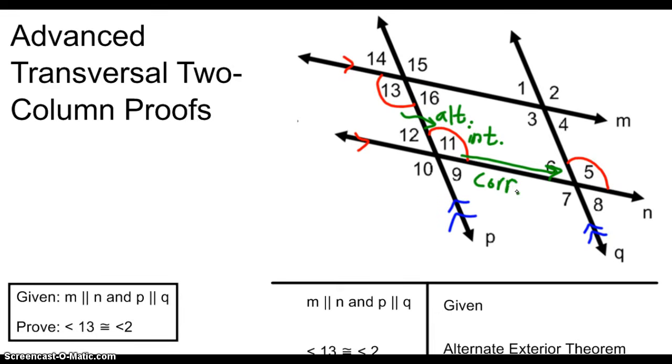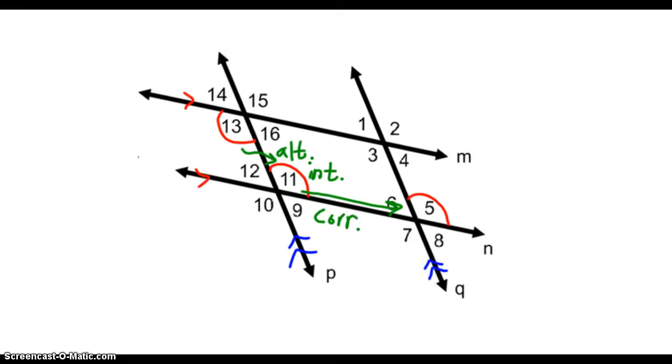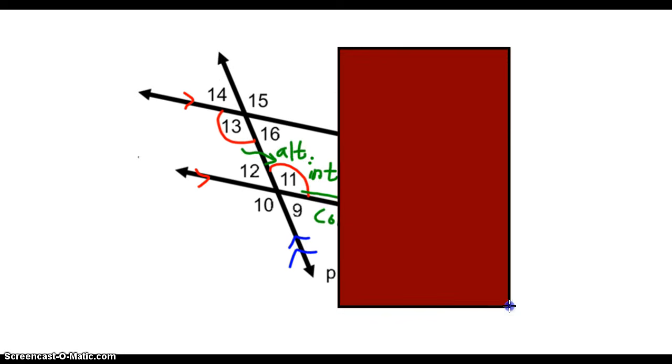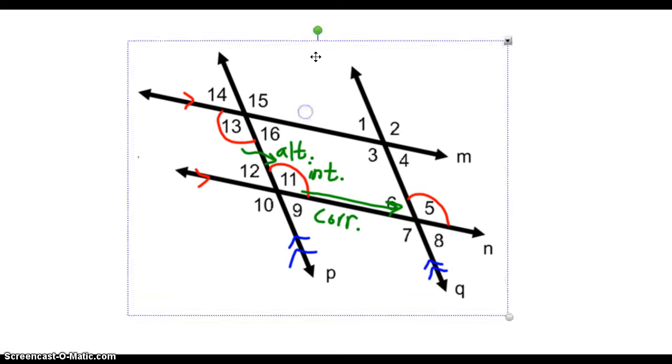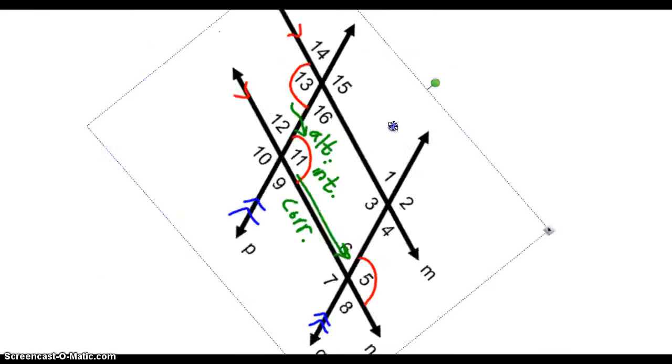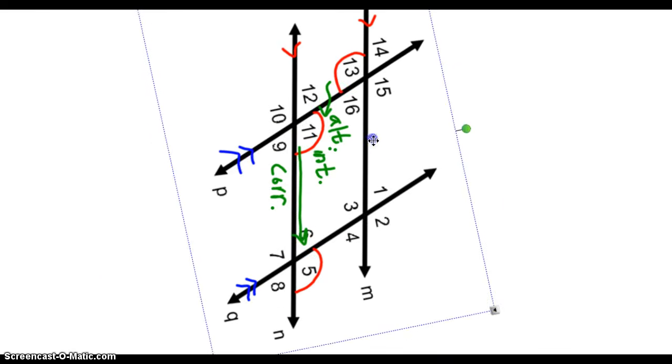And if you're having trouble seeing it, I'll show you using the trick I showed you before. So again, if you're having a little trouble, kind of cover up the lines you're not using. Look at 13 and 11. See how they're on the interior of those two lines? And they're on alternate sides of that transversal? Alternate interior. To look at 11 and 5, it might be useful to rotate your picture a little bit and cover up the intersections you're not using.